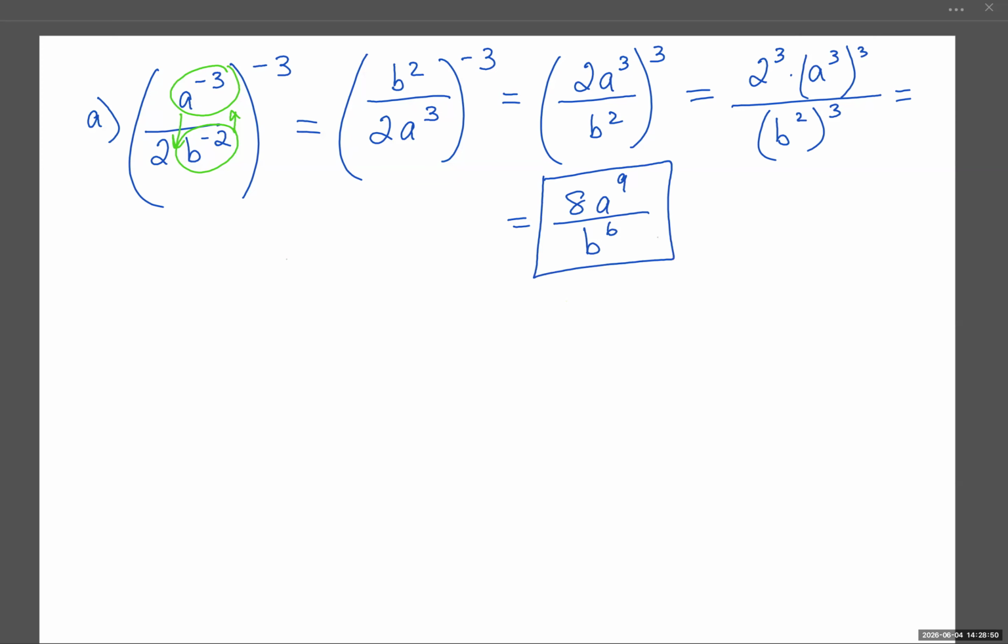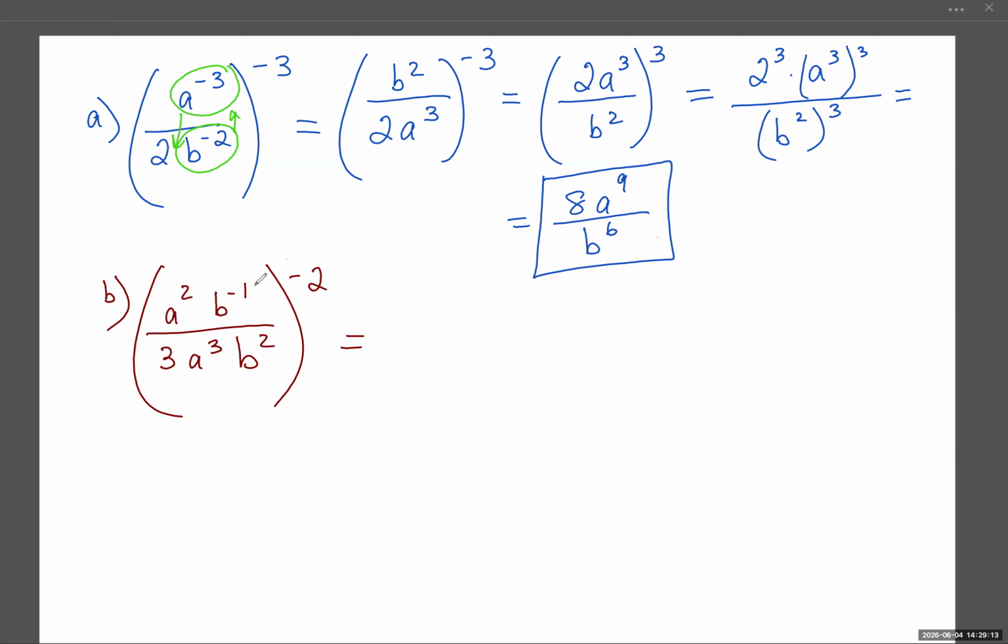And one more. a squared b to the negative 1 divided by 3a cubed b to the second, and then all that to the negative 2. Okay, this time we can actually simplify stuff inside the parentheses.